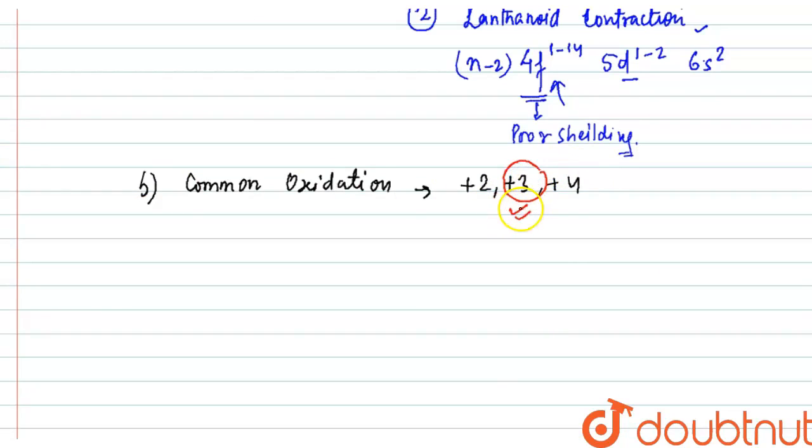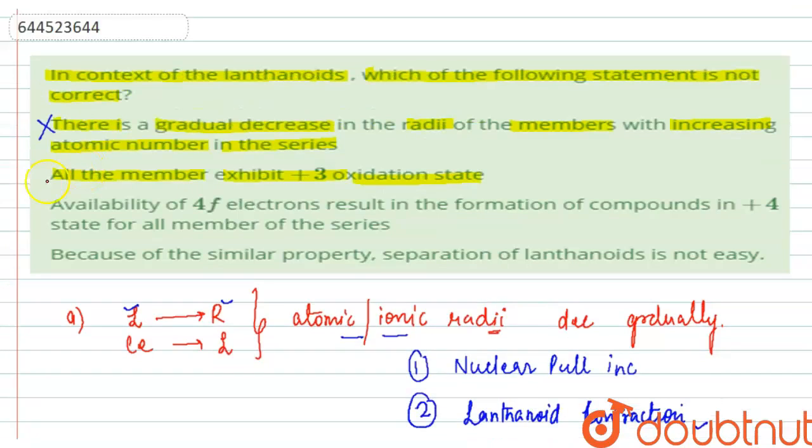This can be explained on the basis of the low ionization potential for the formation of the +3 oxidation state, which is comparatively very low compared with other series. This is favorable, so this is the reason why it is the most common oxidation state. So this particular statement is the correct one and the incorrect option for us.